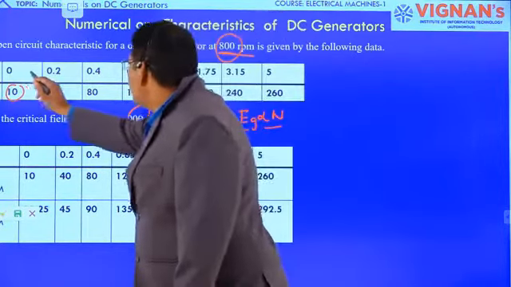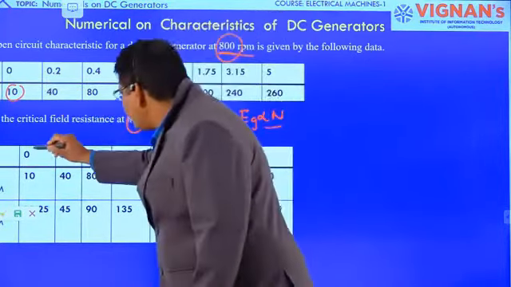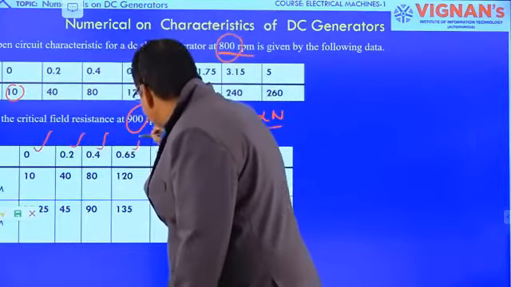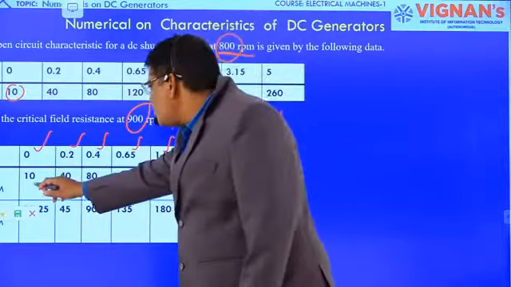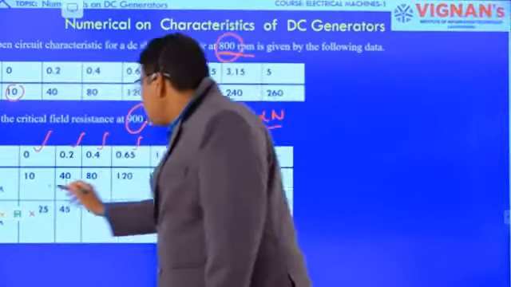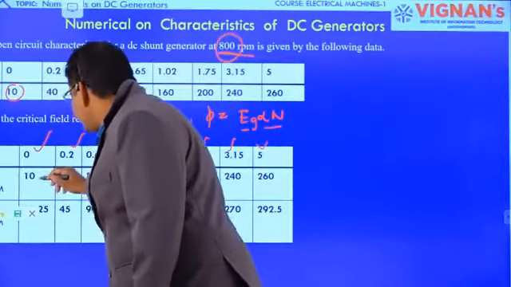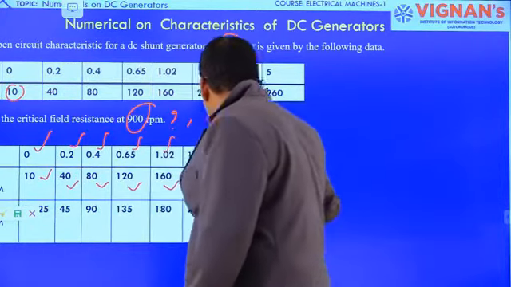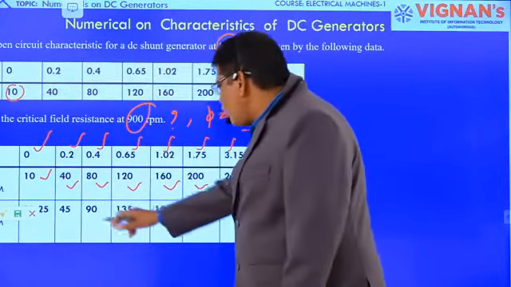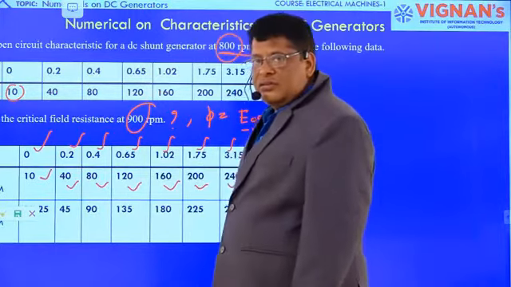See here, we have taken the same field current values. These are the voltages at 800 RPM, and the corresponding field currents are given in the question only.